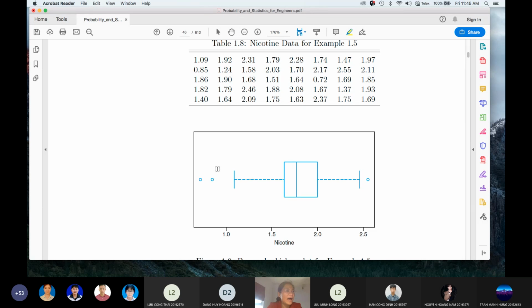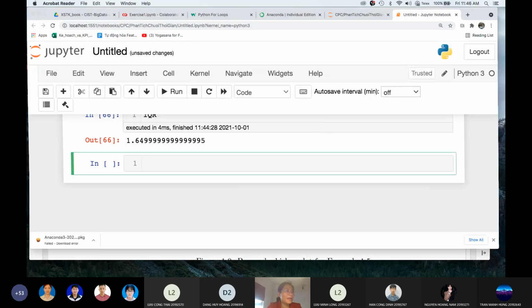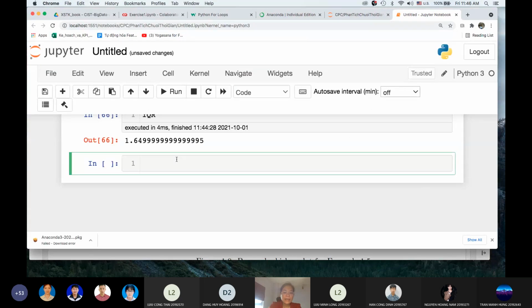So we have outliers in the lower side, and in the upper side we take all values above the upper quantile plus 1.5 IQR. I will show you that by code.